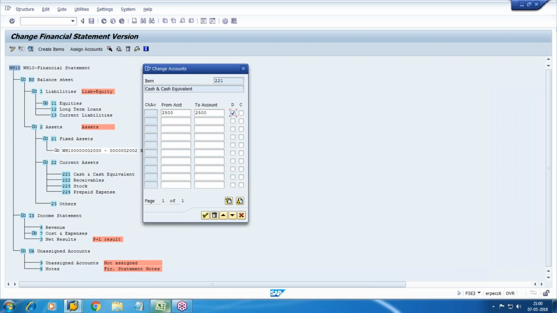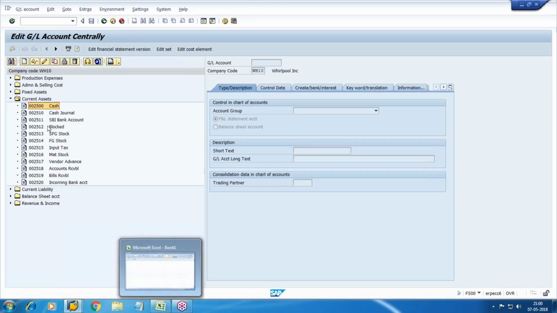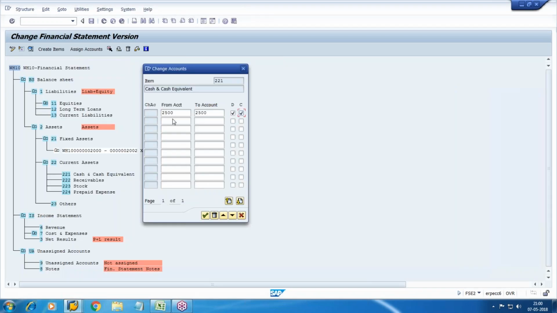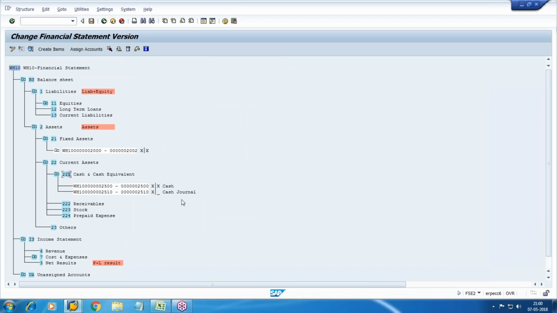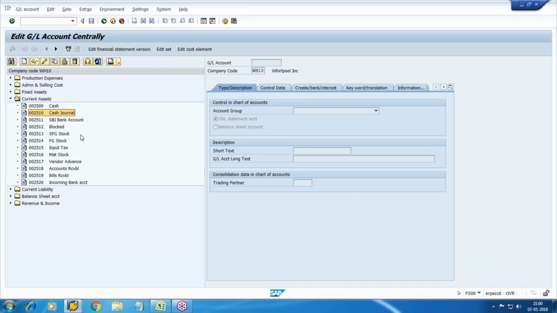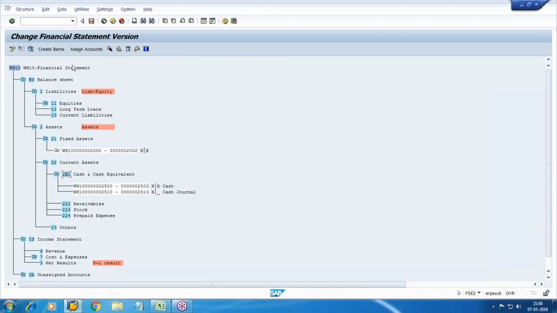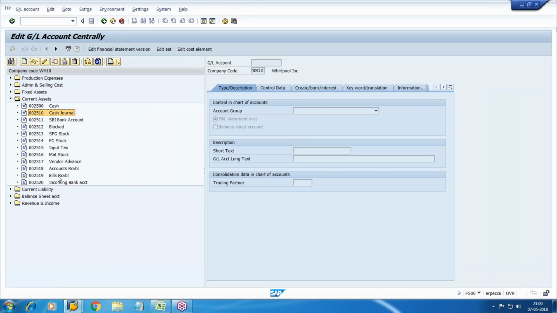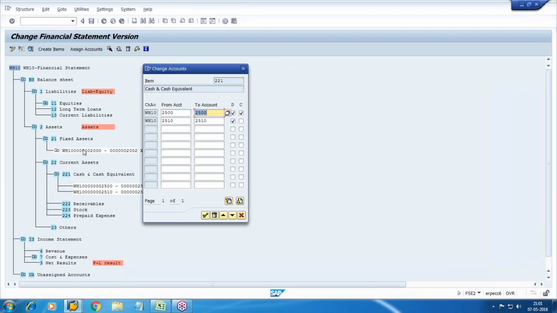Cash should always debit balance, but here we randomly posted the transaction, so you will find some negative entries in cash, right? So that's why I'm activating the credit entry. Otherwise cash always debit entry should be. Cash journal also same 25102. Then bank accounts. One bank account is there, add it.